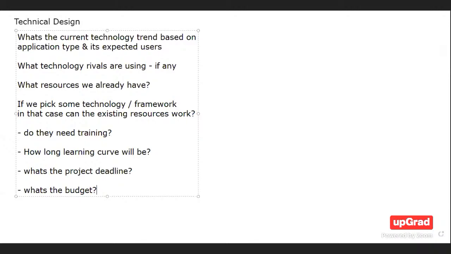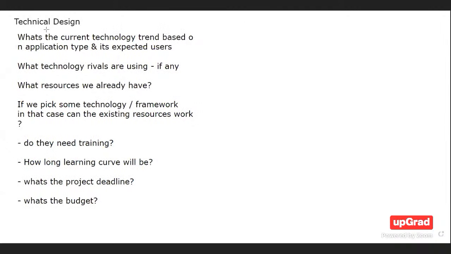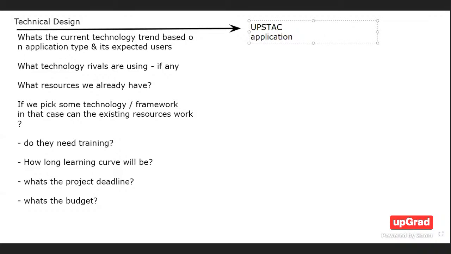Now when it comes to the technology being used, take an example. Any technical guy, architect, will always have options available in terms of technology. Just to take an example, let's say an abstract application. You will see that the abstract application is a web application.